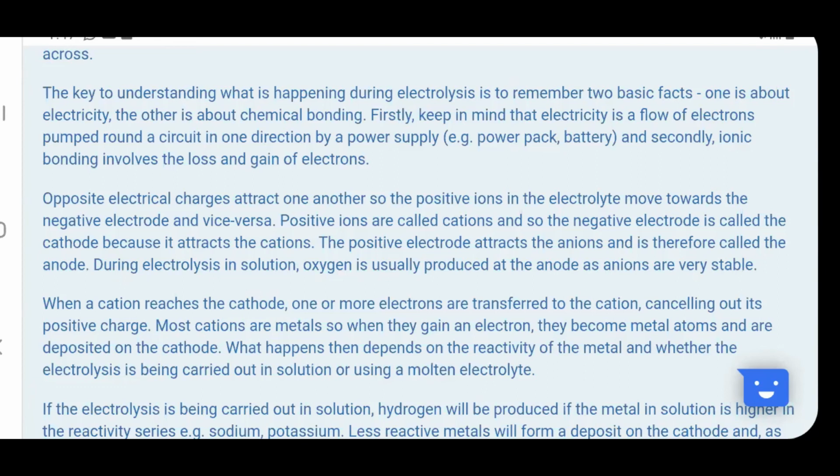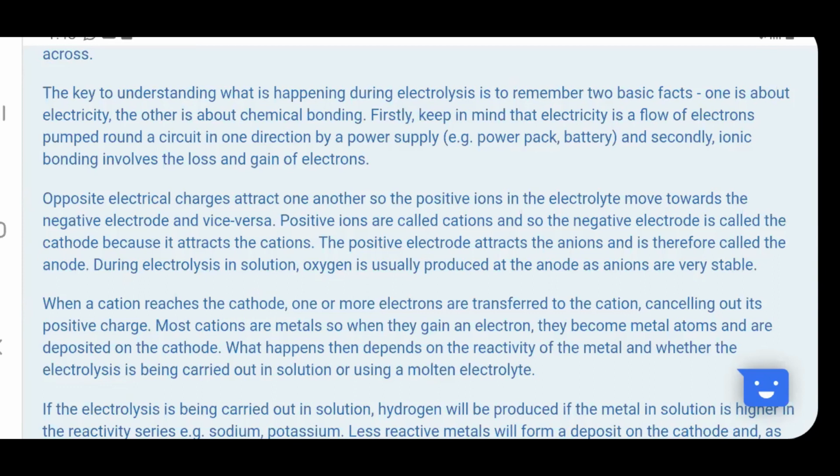Most cations are metals, so when they gain an electron, they become metal atoms. Remember that. Most cations are metals, like copper ions or zinc ions or sodium ions. So when they gain that electron, they become metal atoms and are deposited at the cathode. So they build up at the cathode.